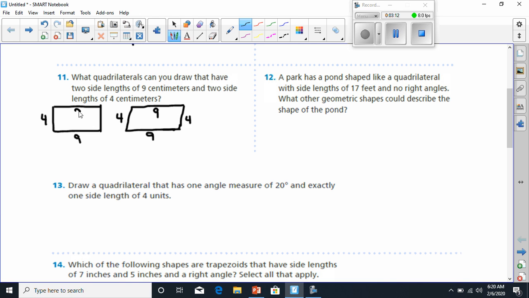Okay? Let's see. So right now we have a rectangle. We have a parallelogram.